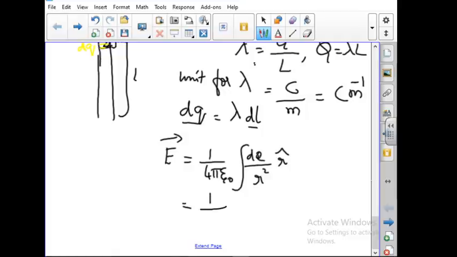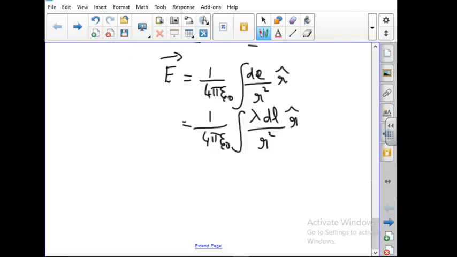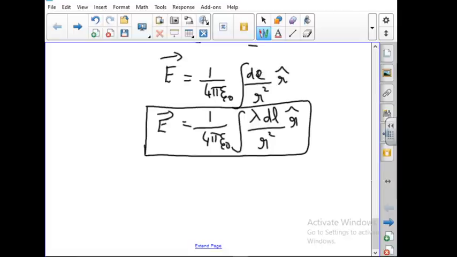Otherwise, it can be written as 1 by 4 pi epsilon naught integral lambda dl by r squared into r cap. So this is the equation for the electric field due to a charged wire, which is charged uniformly.